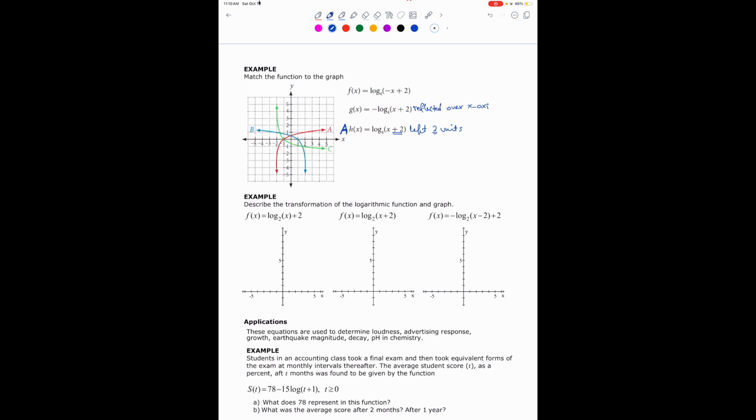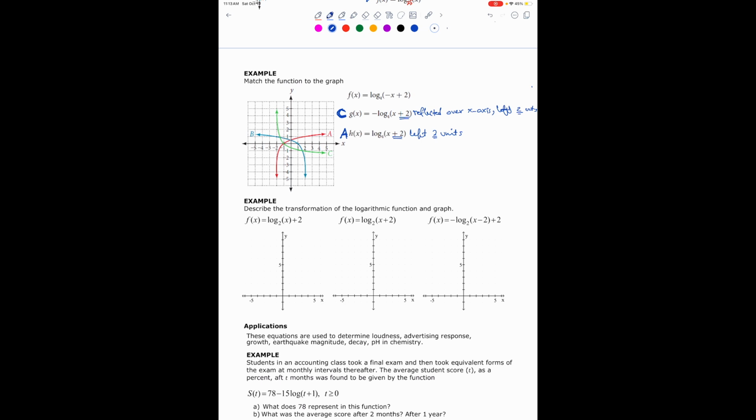The parent function looks like this, and if you reflect it over the x-axis, it's going to look something like this. Then if you shift it to the left 2 units, that will match graph C. So graph C matches g of x.